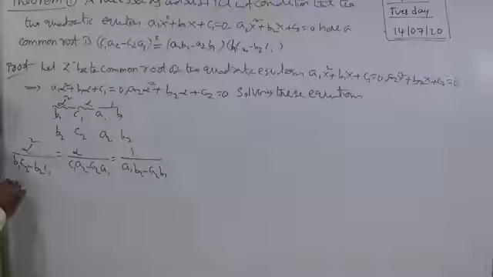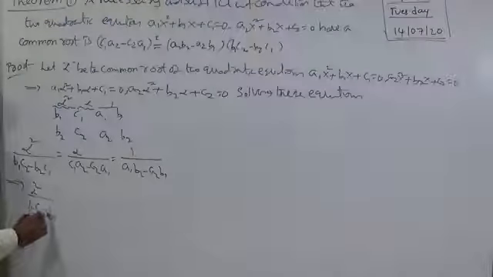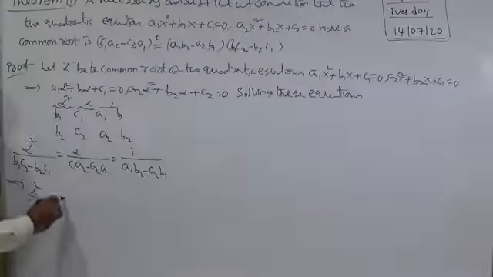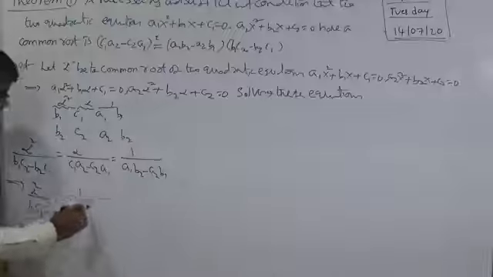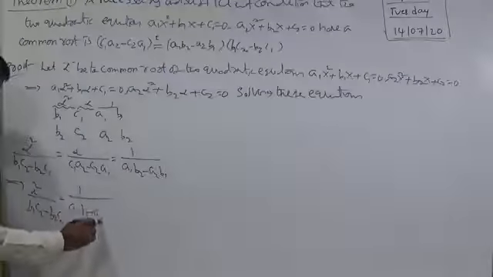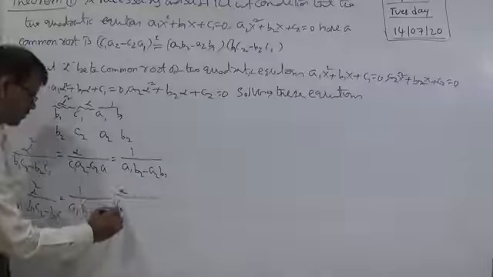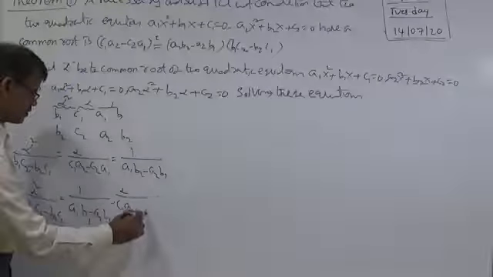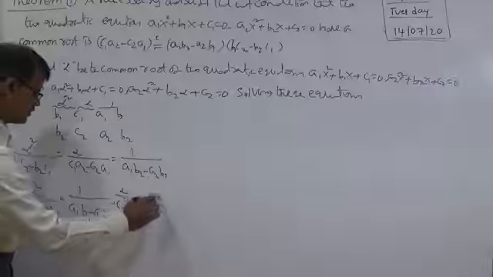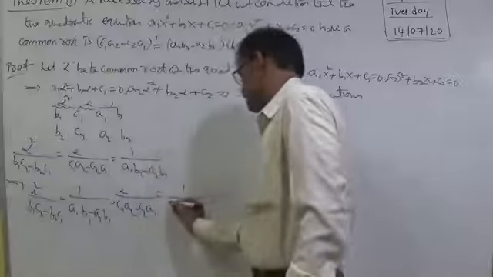That implies, next step, we can write alpha square by b1 c2 minus b2 c1 is equal to 1 by a1 b2 minus a2 b1, comma, alpha by c1 a2 minus c2 a1 is equal to 1 by a1 b2 minus a2 b1.